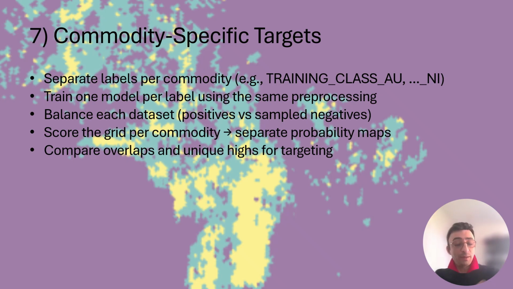So for commodity specific targets, you need to build a binary label for each commodity. Maybe in another video I will explain how to build these binary labels. Then we retrain the same pipeline and generate per commodity maps. This isolates drivers and lets you plan, for example, gold or nickel campaigns independently while keeping a consistent workflow.